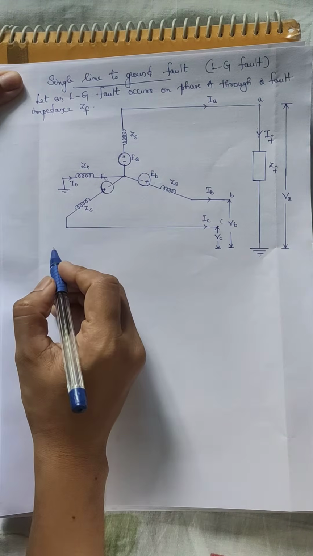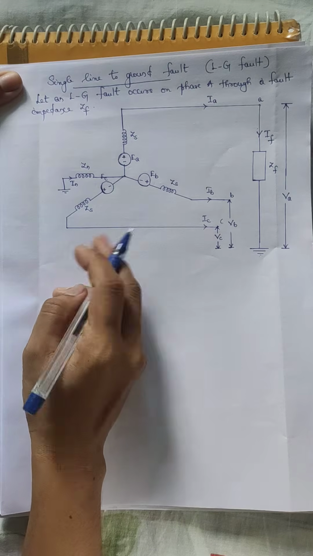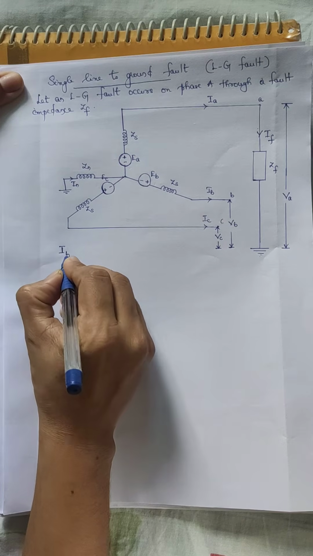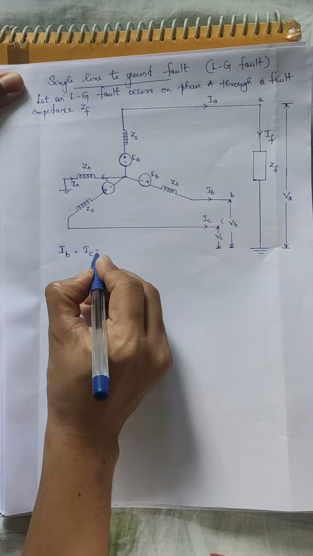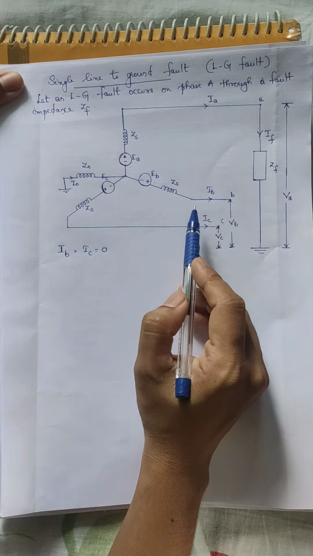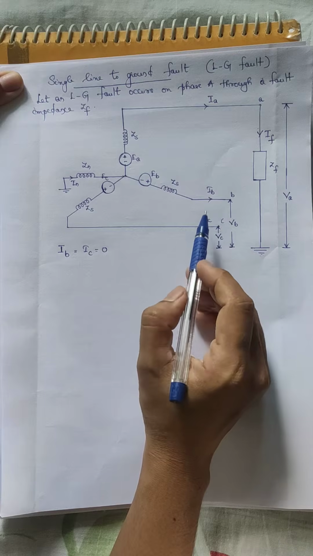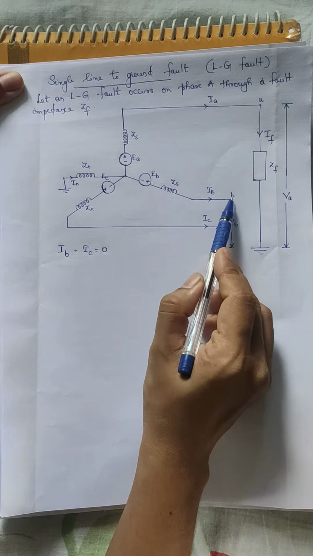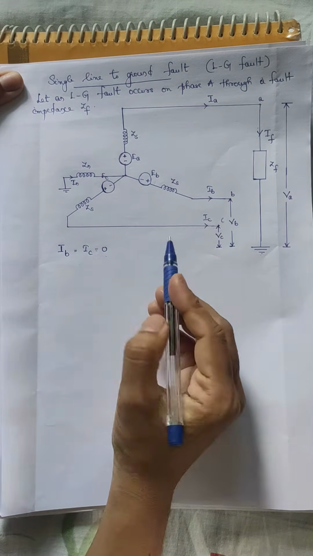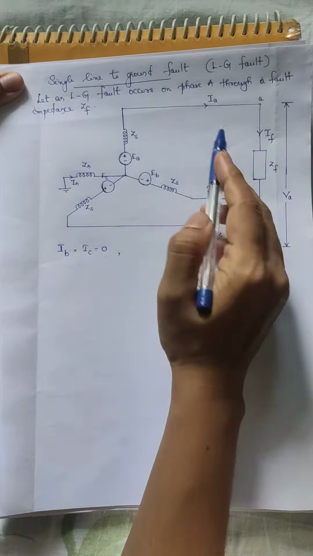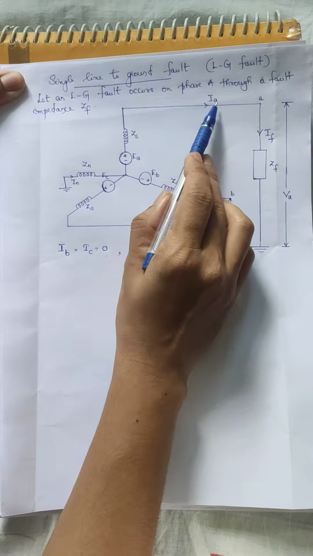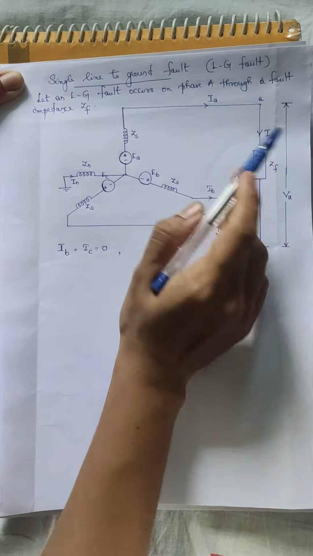Now we can write the boundary conditions for this system as currents IB is equal to IC is equal to 0, because the alternator is unloaded, because it is not supplying any current. So terminals B and C, phases B and C are open, and IB is equal to IC is equal to 0. So this is one condition. Now when phase A is getting grounded, the current flowing through phase A will be equal to the fault current.